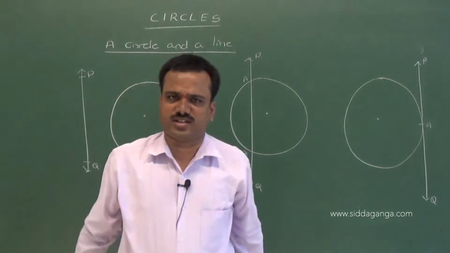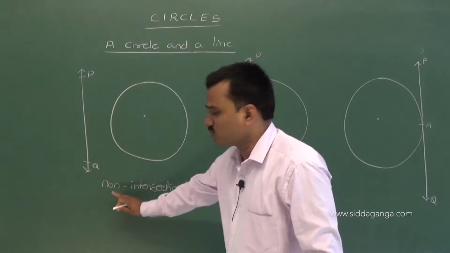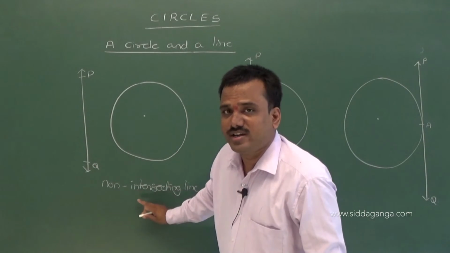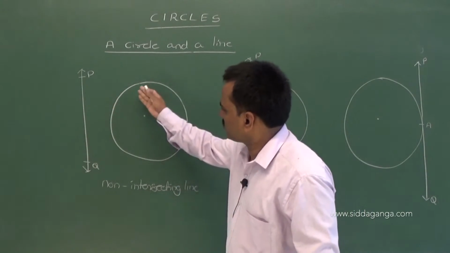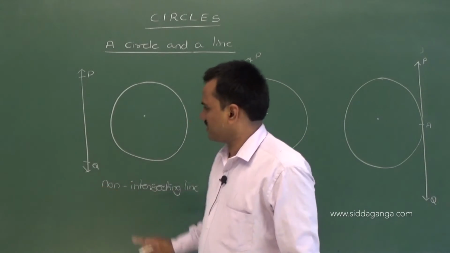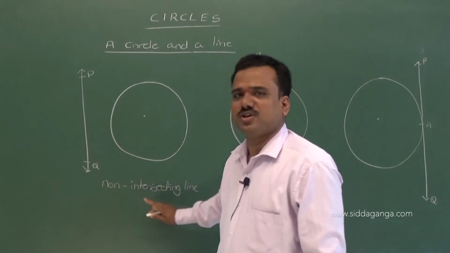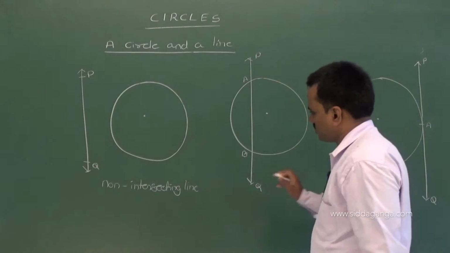It does not intersect. Clear? So the line segment PQ we call a non-intersecting line.